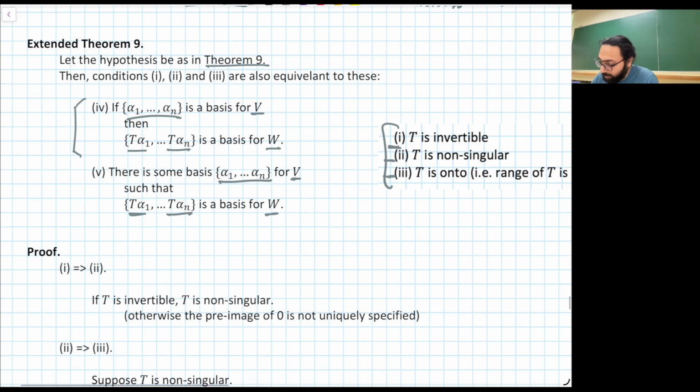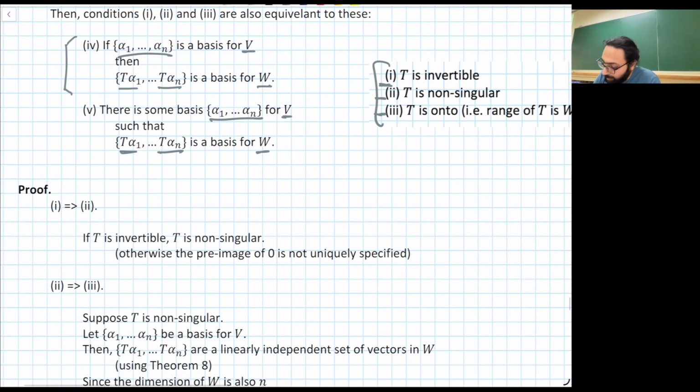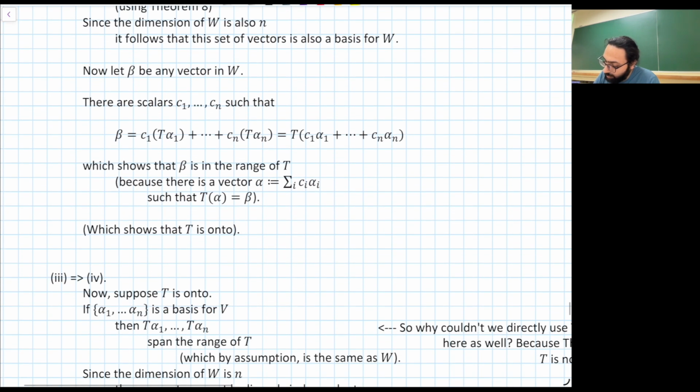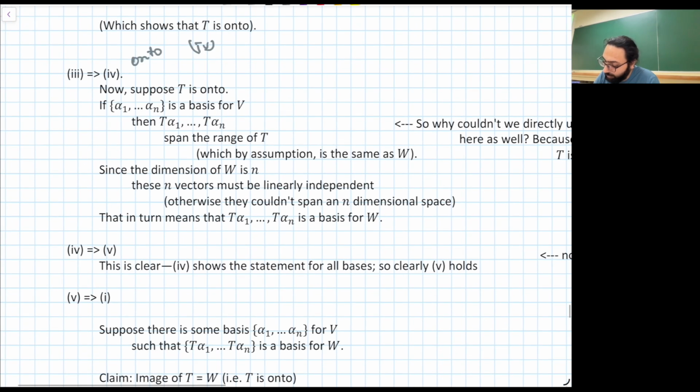So let's see then how to do this. This part is saying invertible implies non-singular. This one is non-singular implies onto. And then I think we'll go from onto to statement 4, and then statement 4 to 5 is obvious.